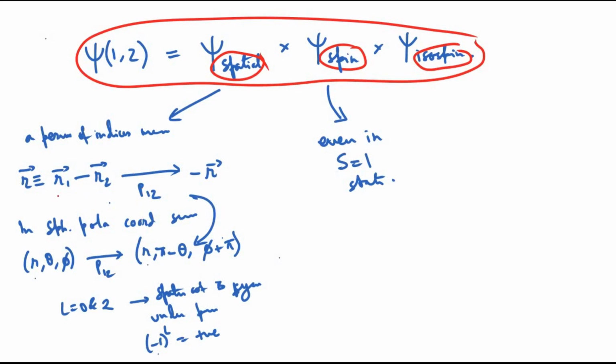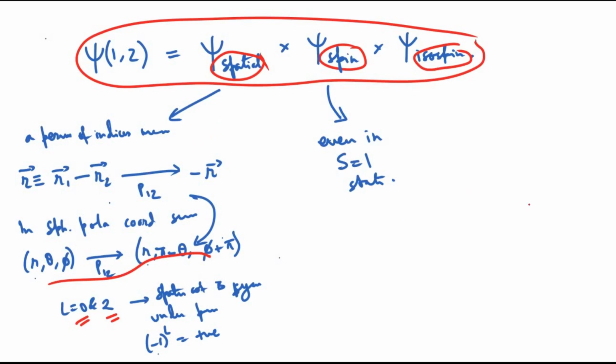So basically permutation in R, if we consider spherical polar coordinates, this corresponds to this transformation, and since both L equal to 0 and L equal to 2, in both these cases this will be governed by the spherical harmonics, where minus 1 to the power L will be the only change that we have considered, and it will be symmetric. So the spatial component will be symmetric.